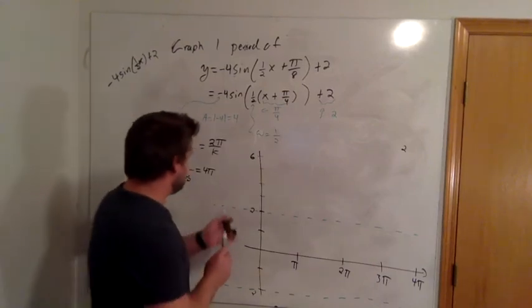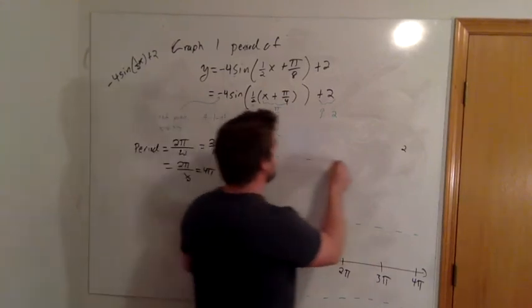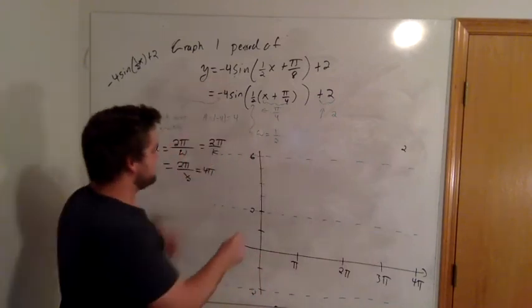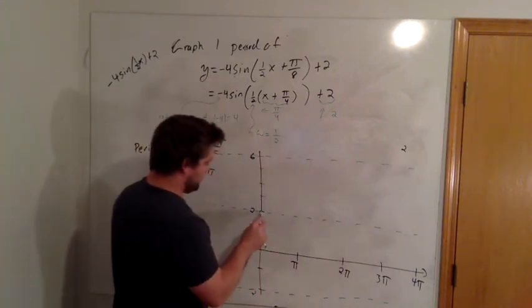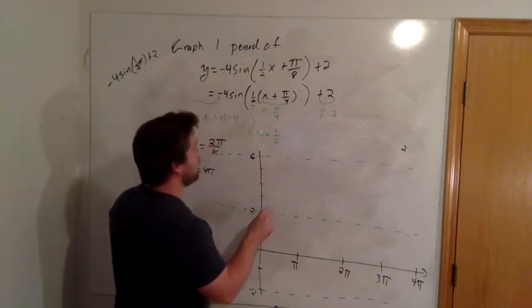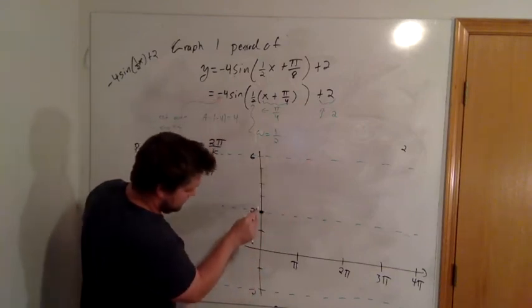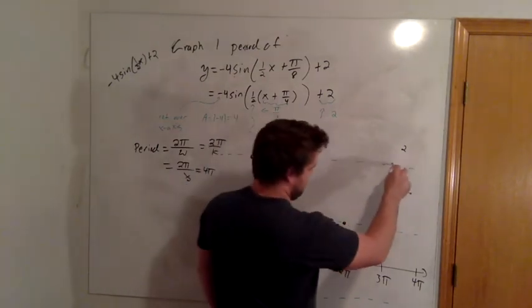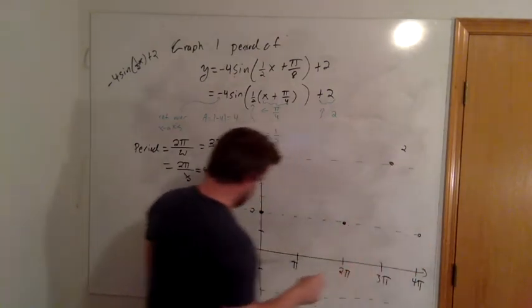So let's sketch our graph in this window. Sine normally starts at equilibrium, so we'll start here. And sine would normally go up, but it's reflected, so it's going to go down. So here, then here, then here, then here, then here.